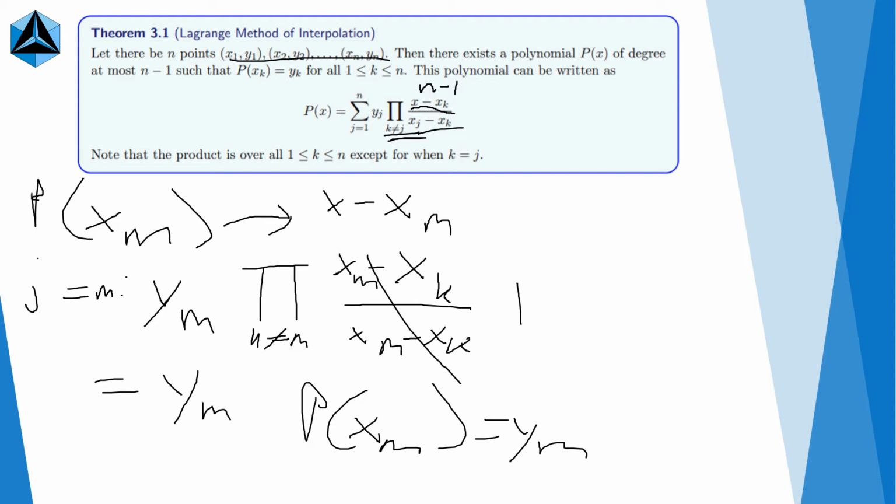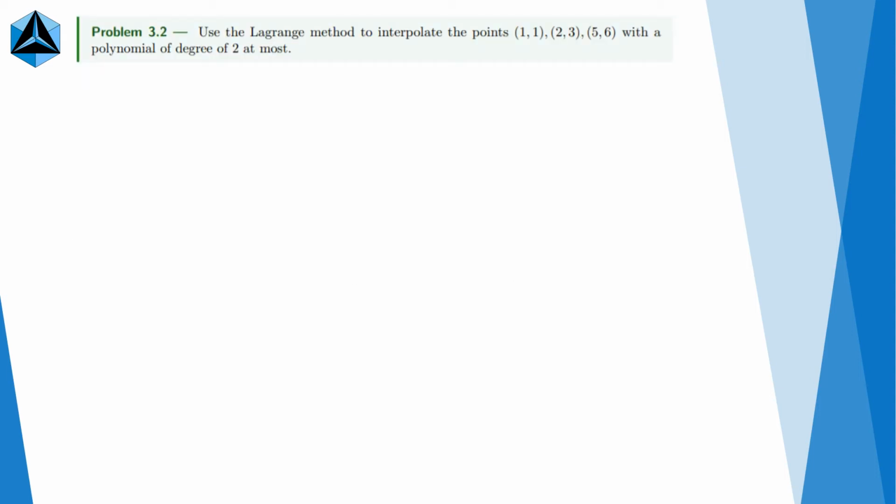Now we'll show it in action. Use the Lagrange method to interpolate the points (1, 1), (2, 3), and (5, 6) with a polynomial of degree at most 2. So let's just use the formula.